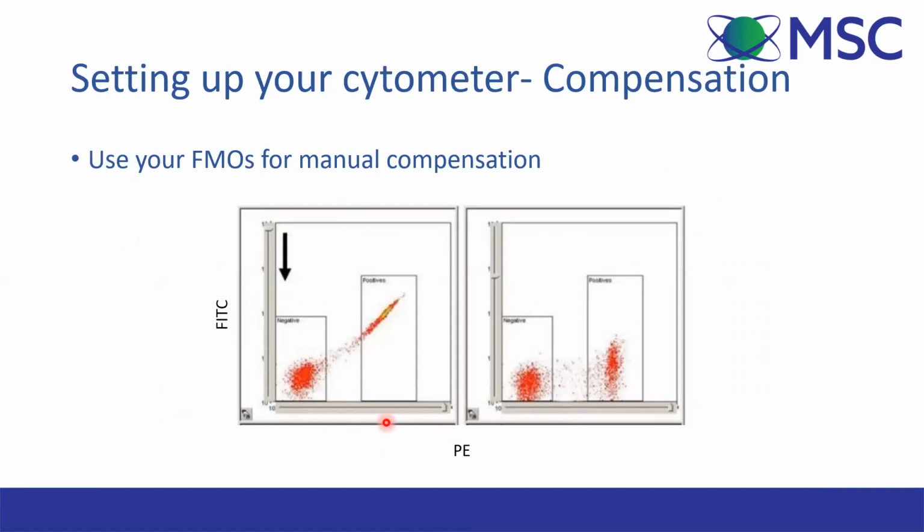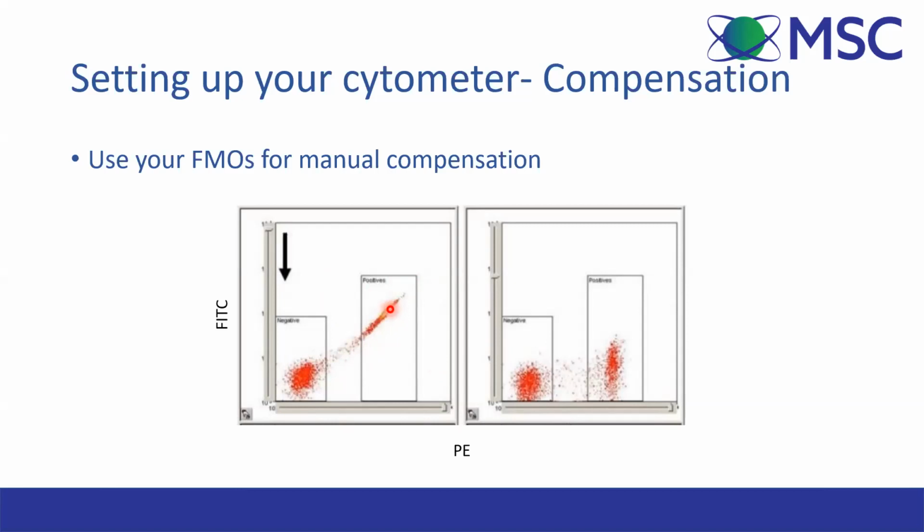When you run the cells uncompensated, you see that the PE negative population looks nice down there in the bottom left-hand corner, but the PE positive population looks to be also FITC positive. And the more positive the PE is, the more positive the FITC seems. But we know this is impossible because we've got no FITC antibody in here, so it must be spectral spillover. That is, the PE fluorescence is showing up in the FITC channel. So this needs to be corrected.